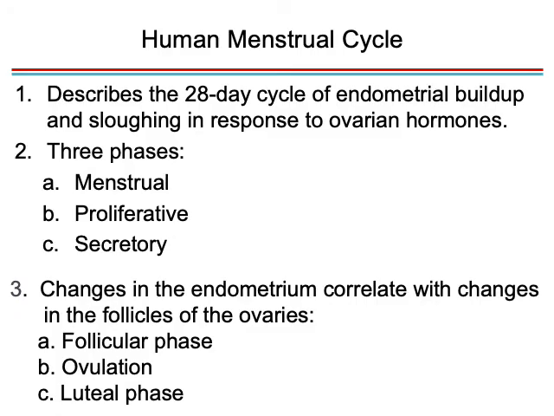Actually, menstrual cycles, as done by humans and their related group, the primates, is rather rare in mammals because of the secretory phase of the buildup. So we can call this the uterine cycle because we can follow the changes within the uterus.